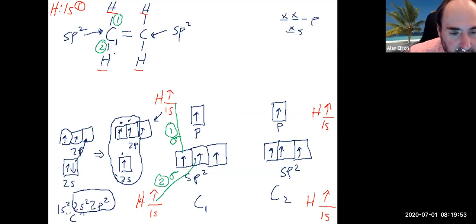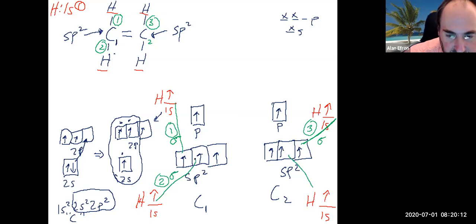We have identical bonds on the other side on carbon number 2. I didn't label it, we'll call this carbon number 2. So this bond here between a carbon and the hydrogen, same idea. Going to bond here, even though I missed it there. That's going to be number 3, also going to be a sigma bond, right?